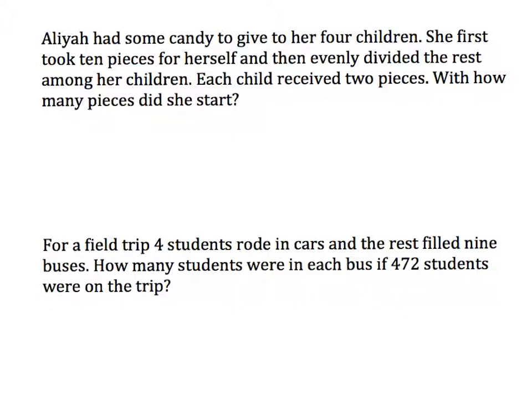Well, let's first define our variable. Let's let C equal the number of pieces of candy. So she started with C pieces of candy, and then she took 10 for herself.